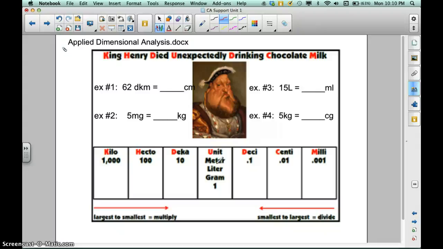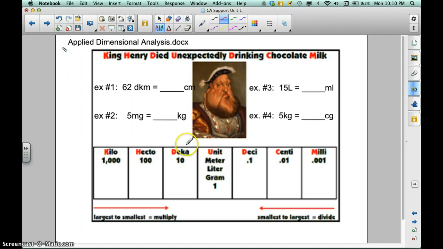I'll show you how this works. It's really kind of neat. In example number 1, we have 62 decameters is equal to how many centimeters. So what you do is take the number you're given and write it over or near the correct column.